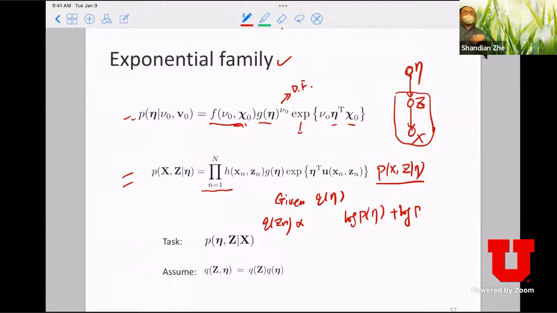The likelihood that relates to zn just contains this term, so all the other terms don't contain zn and you can throw them out. You just look at the logarithm of p of xn, zn given eta. Then you take the expectation under q of eta, and then take the exp of it. Does that make sense?